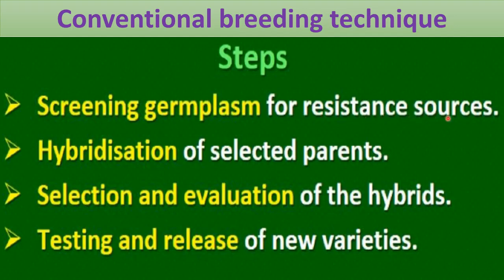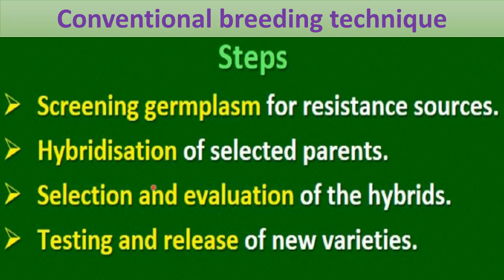Now these selected plants, or you can say the selected parents. Just recall all the steps of that conventional method of plant breeding in your mind. So in the next step what we have done, hybridization of the selected parents. The disease resistant plants that we have selected from the germplasm will be hybridized in the second step, right? So hybridization of selected parents, after that selection and evaluation of the hybrids.